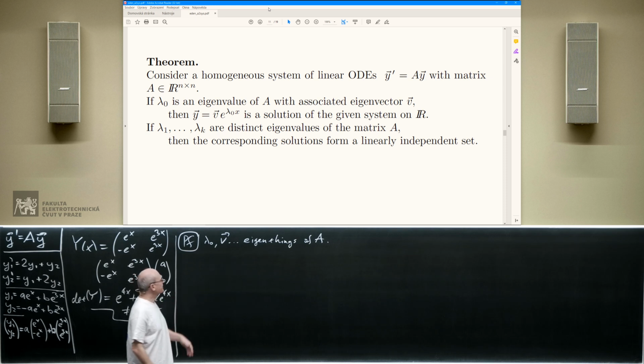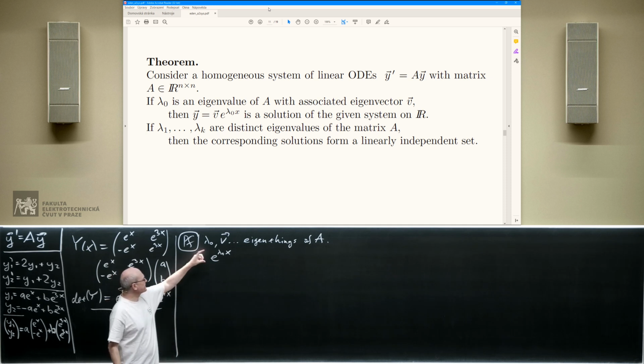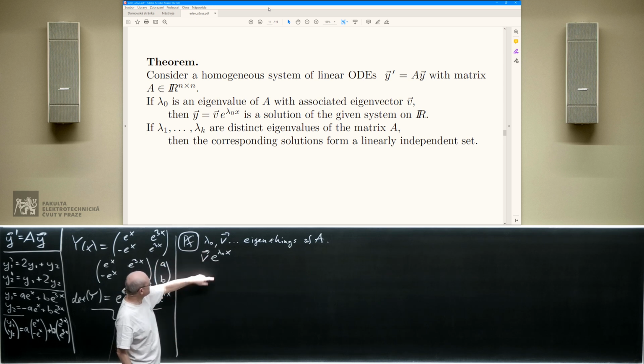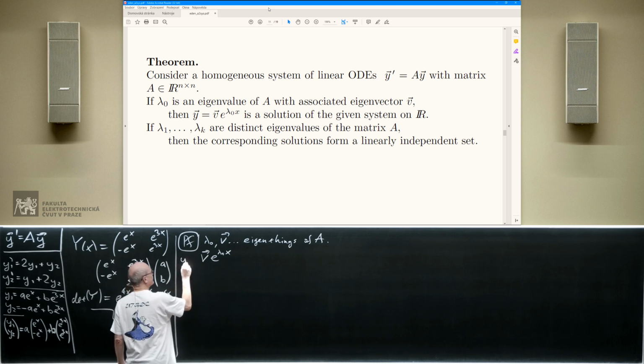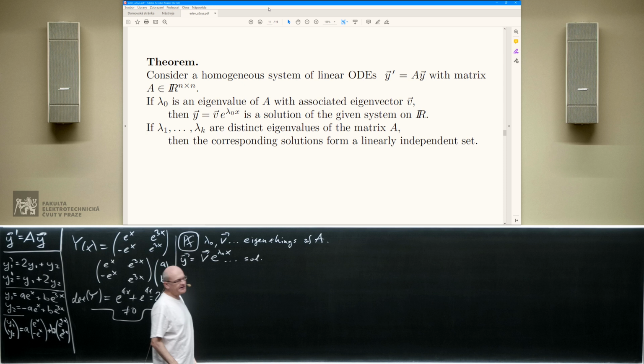With linear differential equations, e^(λ₀x) would be the solution. But this is just a function, and now I need vector functions. So when I multiply it by a vector, by the eigenvector, now it is a vector function. So it makes sense. And I'm claiming that this guy is a solution. How do I find out?